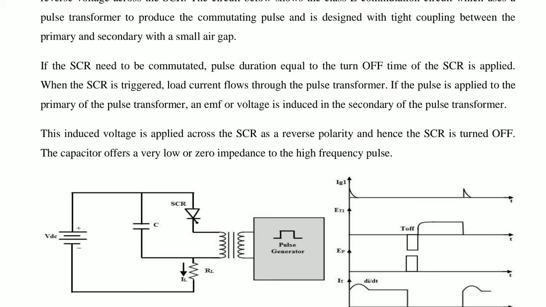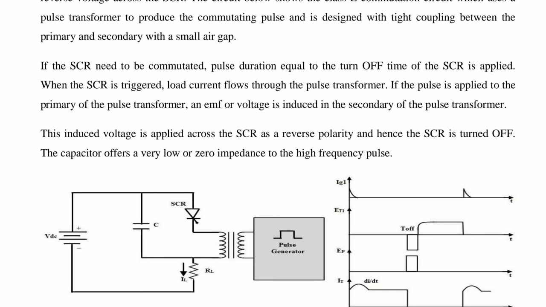So the voltage will be induced in the secondary, but there should be some step up or step down mechanism. It is not given in the circuit diagram. The basic principle is that to turn off the SCR, we should provide a pulse duration equal to the turn off time of the SCR. The pulse will be provided by the pulse generator through this coupling.